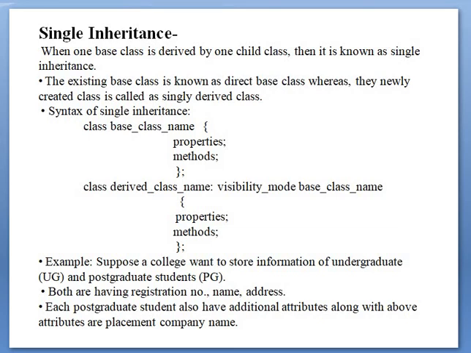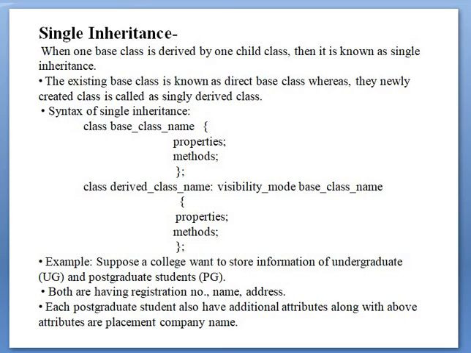Now take one example. Suppose a college wants to store information of undergraduate and postgraduate students. In both cases we have to take data like registration number, name and address. Each postgraduate student also has an additional attribute along with the above attributes, the placement company name.